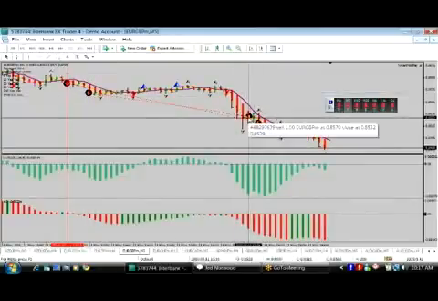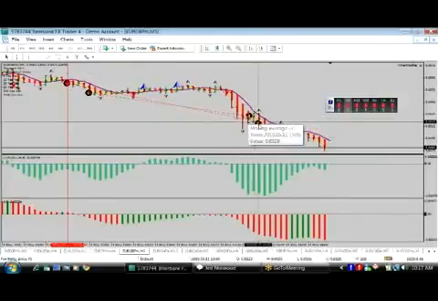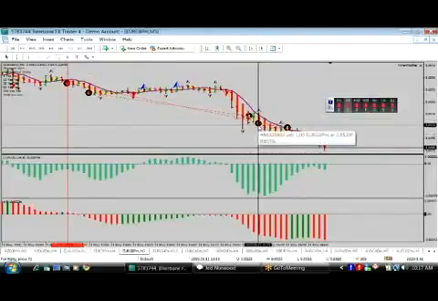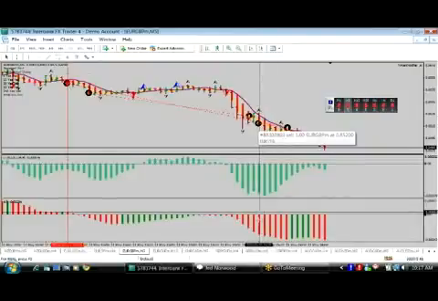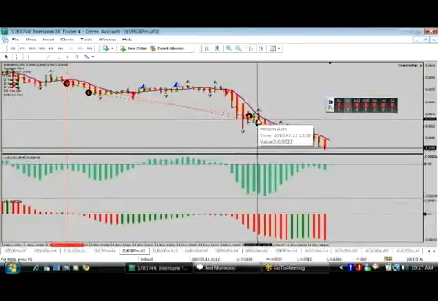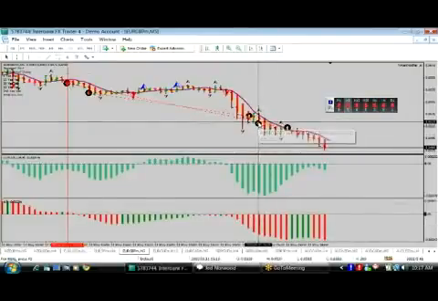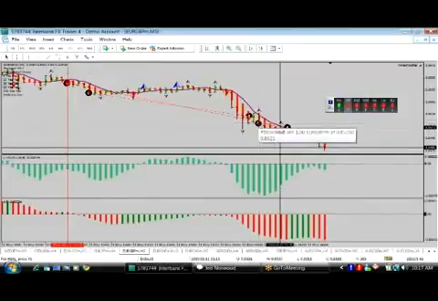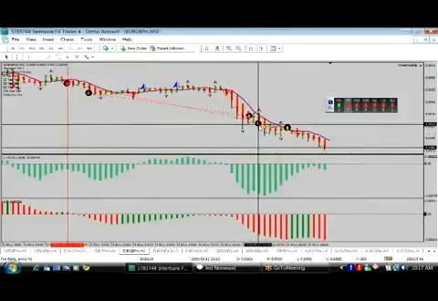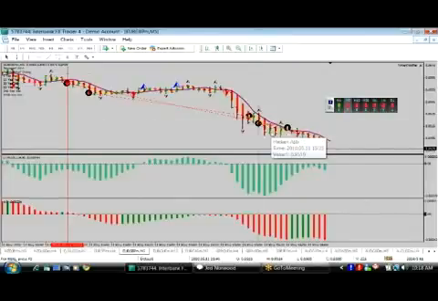I was looking for a re-entry, and when the hotlines opened back up again, that was an indication to me, based on all the other indicators lining up, that it was time to re-enter. I re-entered, took another, let's see, how many pips was that? Took another 7 or 8 pips out of that.